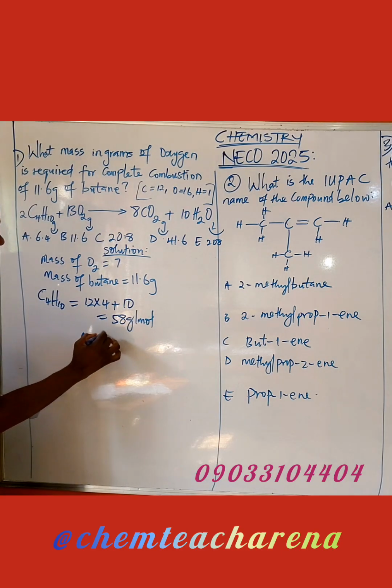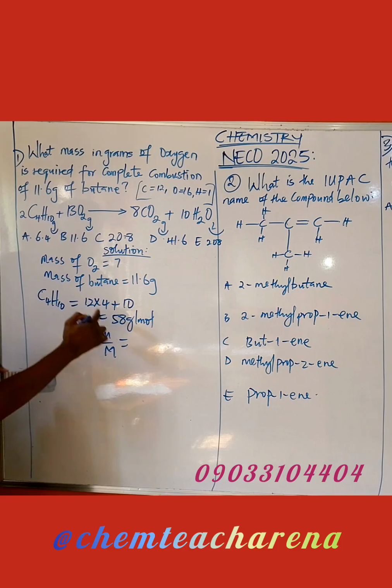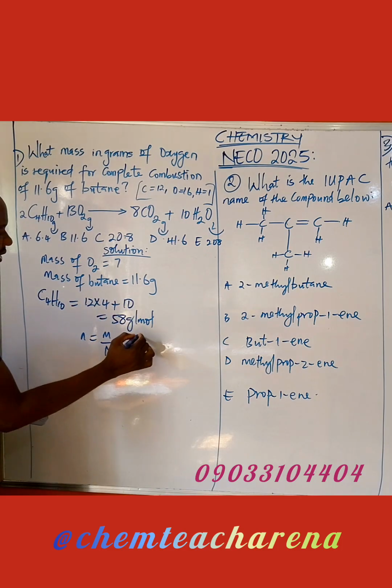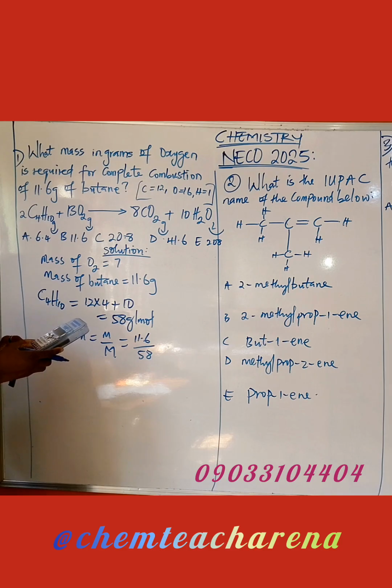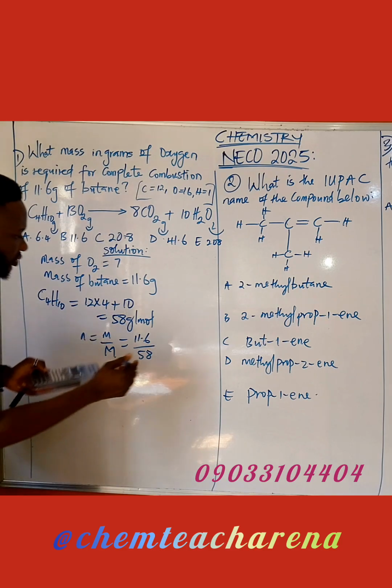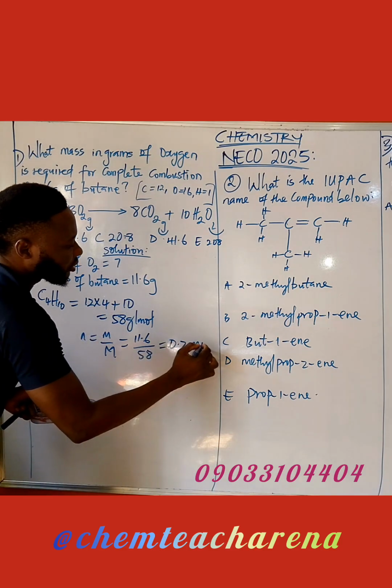Mole is equal to mass over molar mass, which is 11.6 over 58. This gives me 0.2 mole of butane.